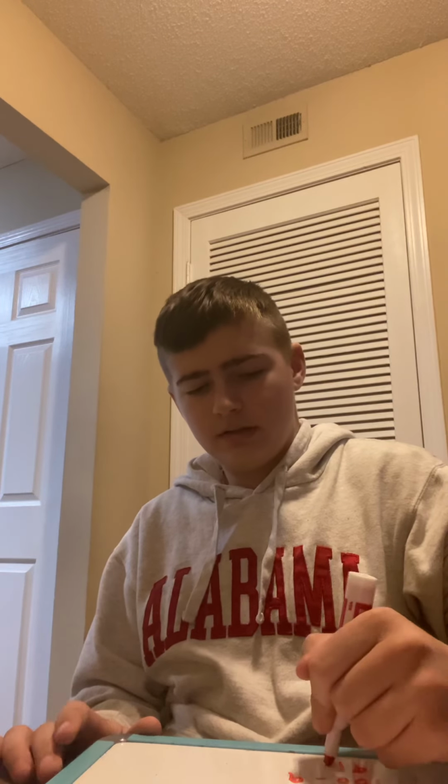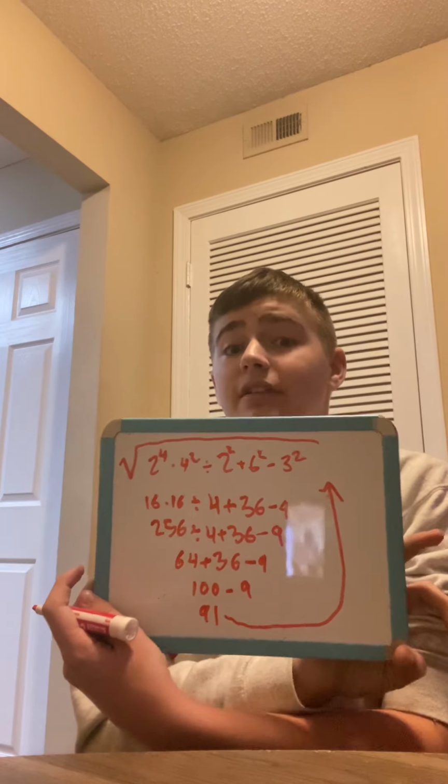So then we find the answer of the square root of 91, or the closest answer. The square root of 100 goes over this value, and that is 10. So this is not 10.